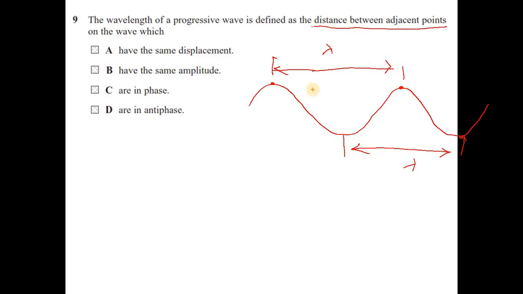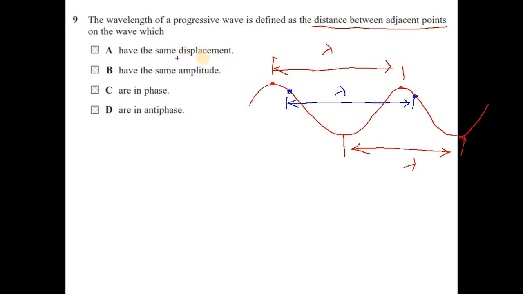Meaning, if you see this point, then with respect to this point, we have another point after this crest. These two points would be in the same phase. If you measure the distance between these two points, this distance will also be a wavelength.